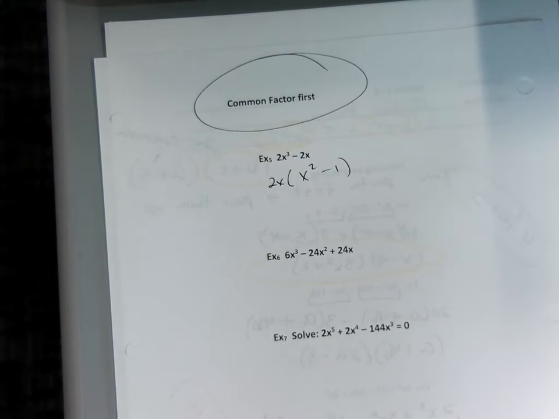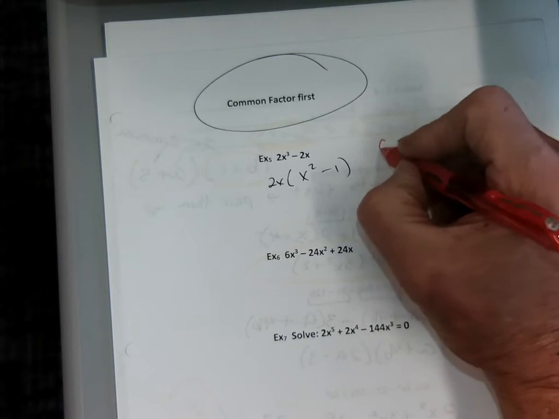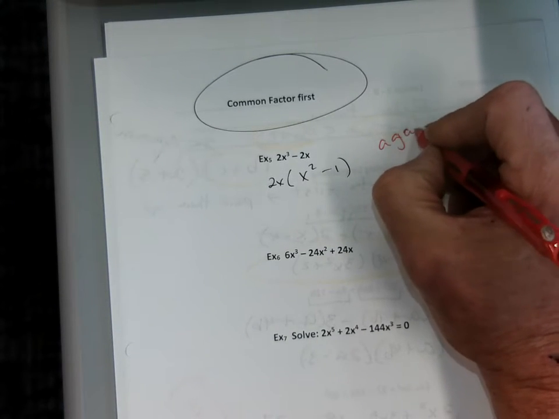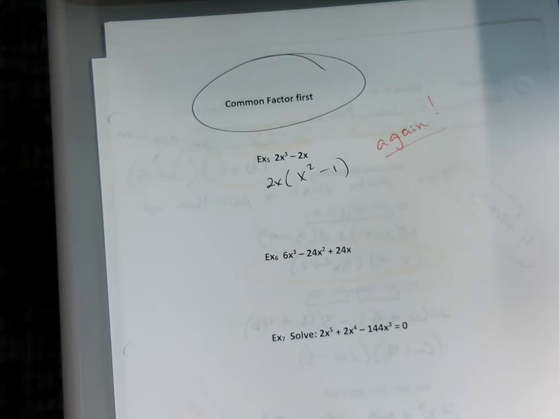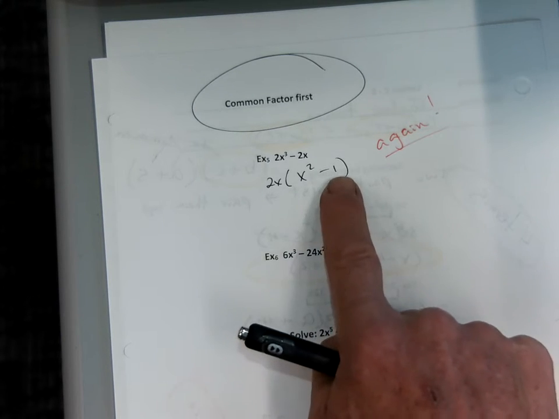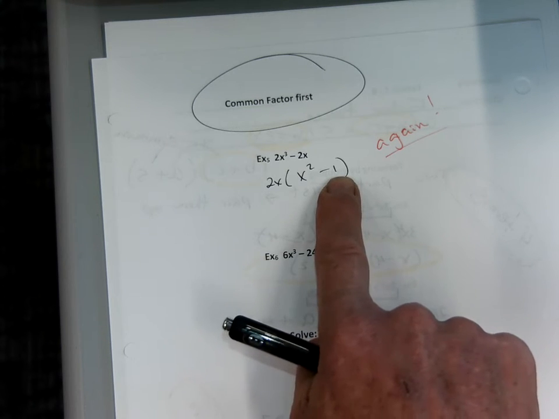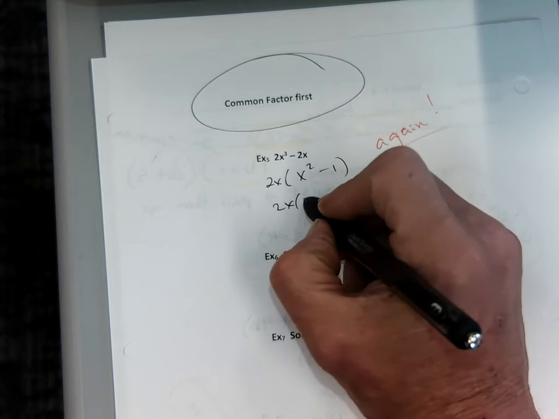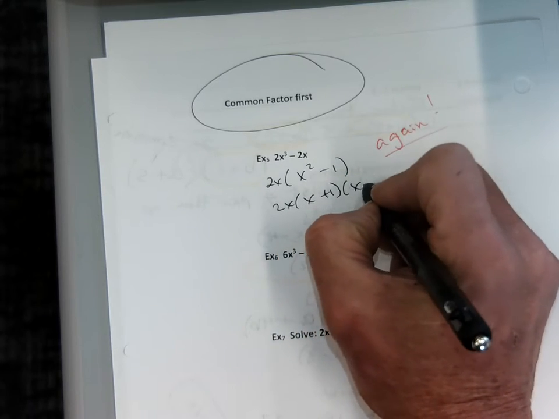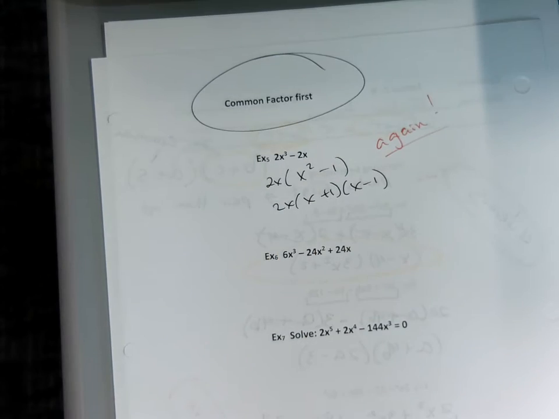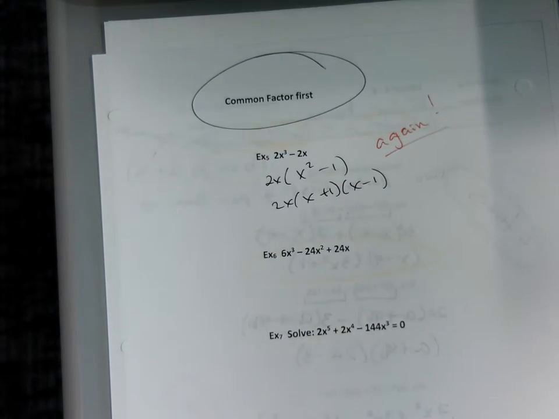Can that be done again? Can I factor something again? Maybe. What times what makes 1? 1. What times what makes negative 1? 1 and negative 1. There you go. How about if we go 2x and do an x plus 1, x minus 1? Would that work for you? We factored it twice, right?